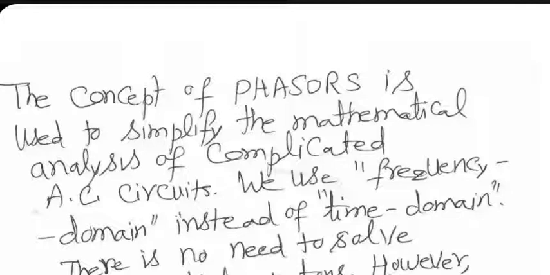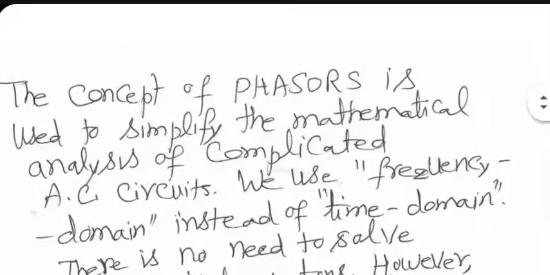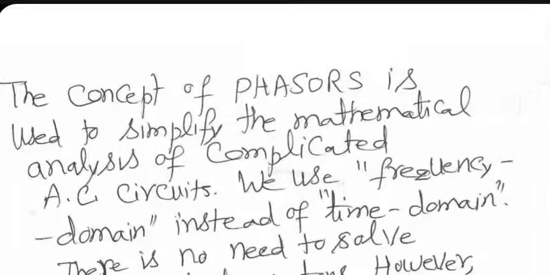There are thousands and thousands of components in real-life power systems. You will have 1,000 differential and integral equations to solve if you don't go for phasors. With phasors also, you get thousands of simultaneous equations, but at least they are algebraic. They are not integral differential equations.